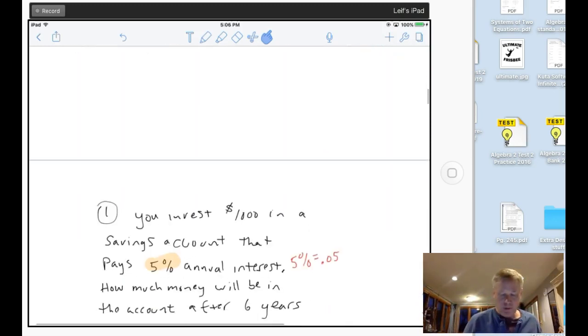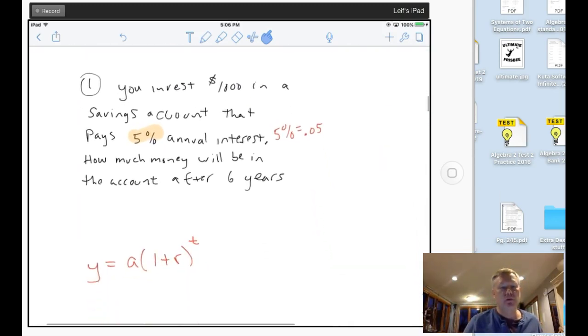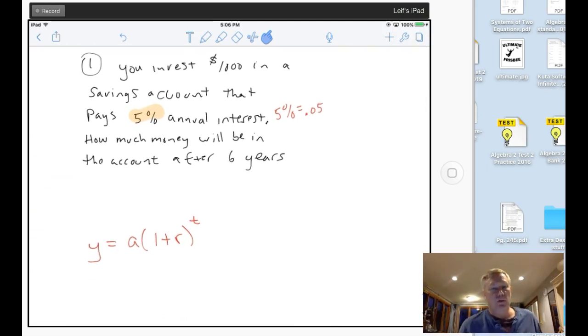All right, next, I'm just going to jump right in. The first one: you invest $1,000 in a savings account that pays 5% annual interest. How much money will be in the account after 6 years? This problem has a percent in it.